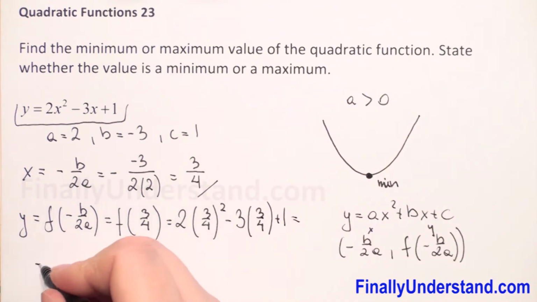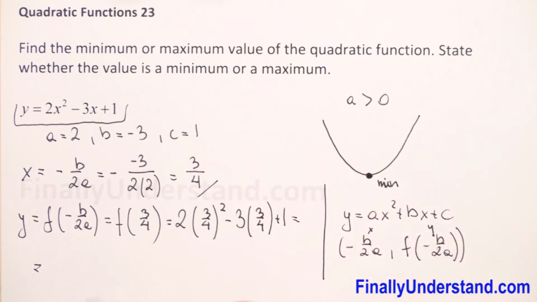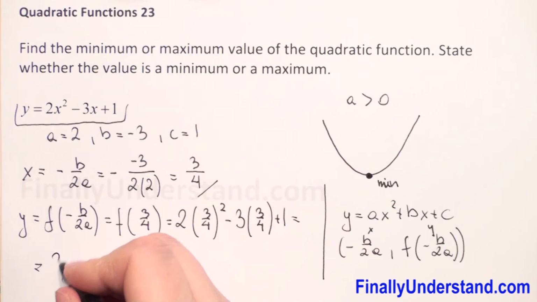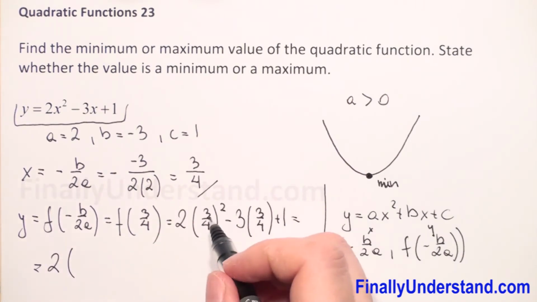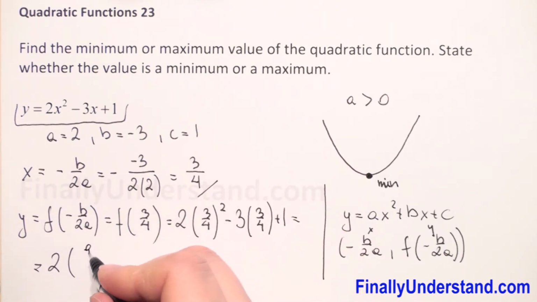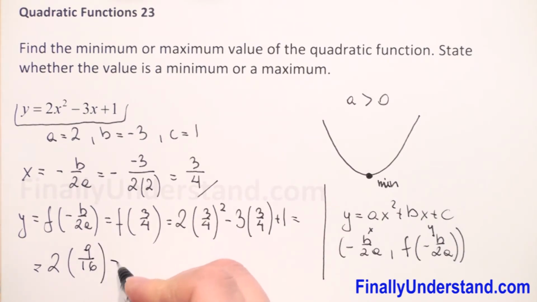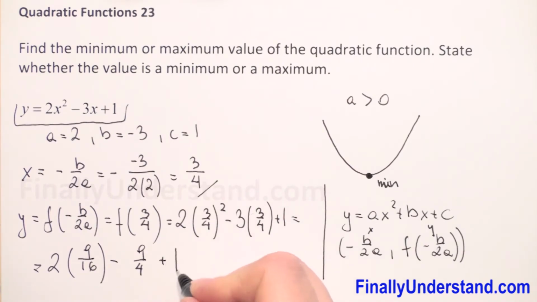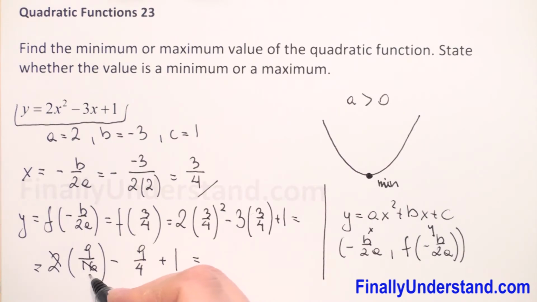So this is equal, we have to do first the power, so 2 we copy, and in parentheses 3 over 4 to second power will be 9 over 16 minus 3 times 3 is 9 over 4 plus 1. So this is equal 2 we can reduce with 16 will be 8. So we have 9 over 8 minus 9 over 4 plus 1.